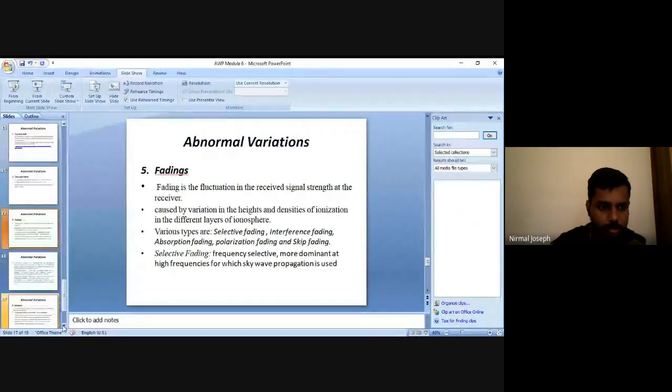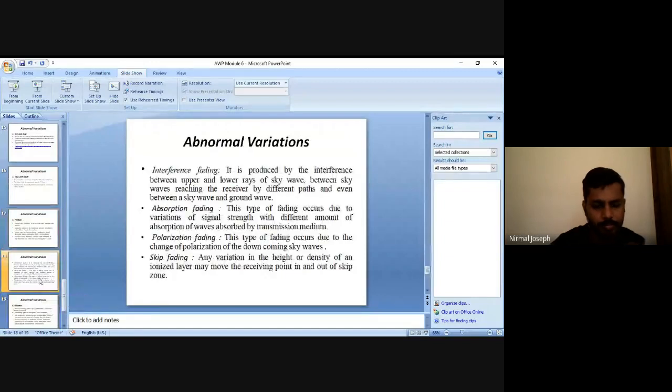Frequency selective fading occurs in some particular frequencies only. So in high frequency, it will occur. We already told that the high frequencies are getting absorbed in the D layer, so that fading can occur due to that.